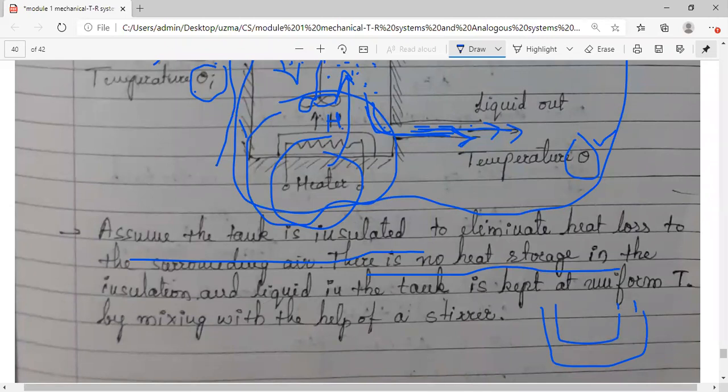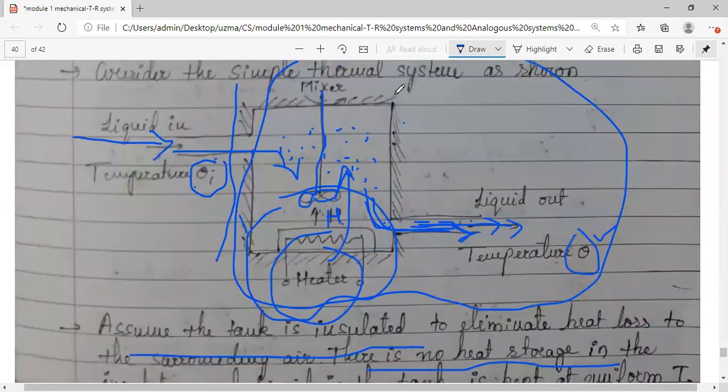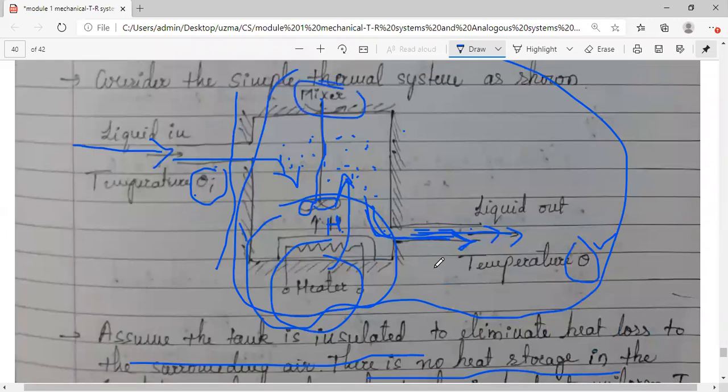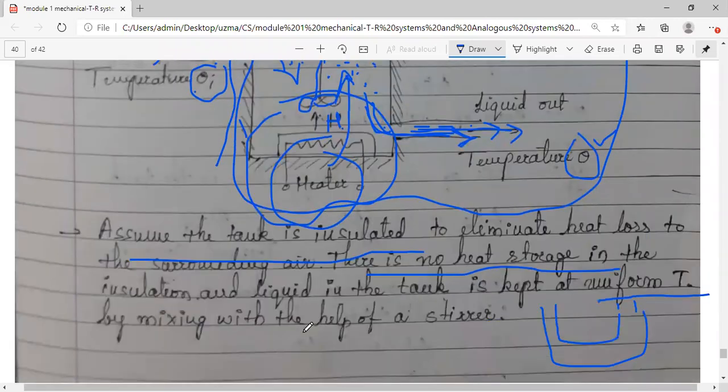So we are not considering all those things. Liquid in the tank is kept uniform. So whatever liquid is in the tank is maintained at some uniform temperature. How? By mixing this liquid continuously with the help of a stirrer. We call it agitation.